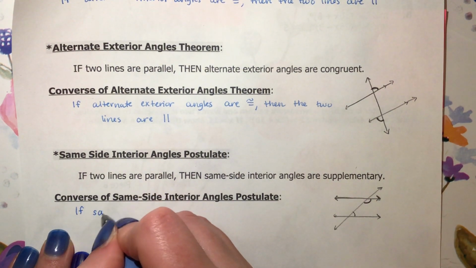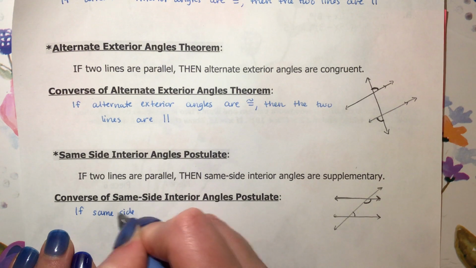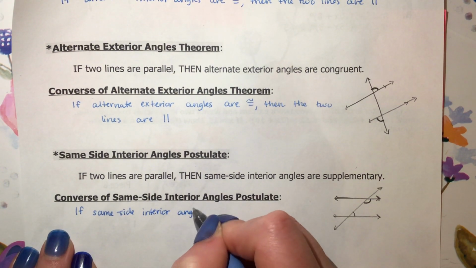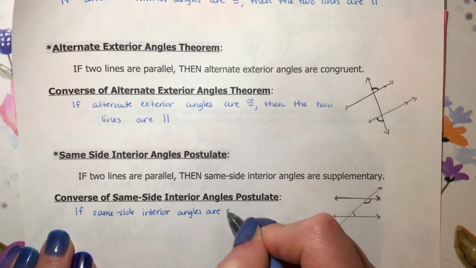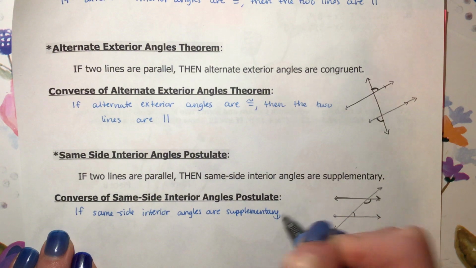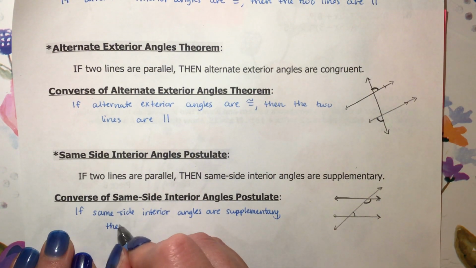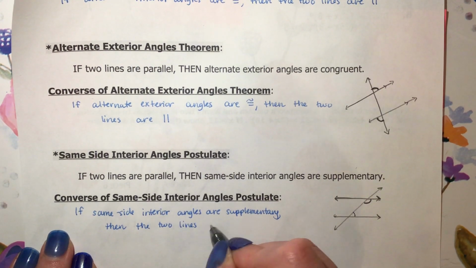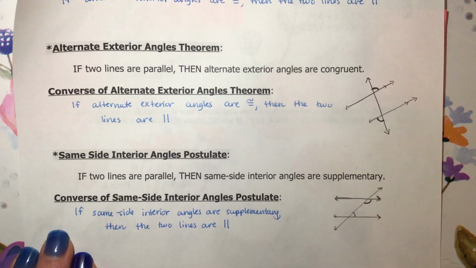If same side interior angles are supplementary, then the two lines are parallel.